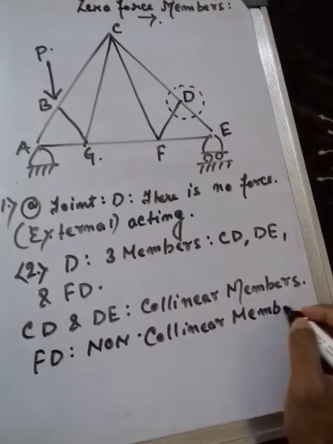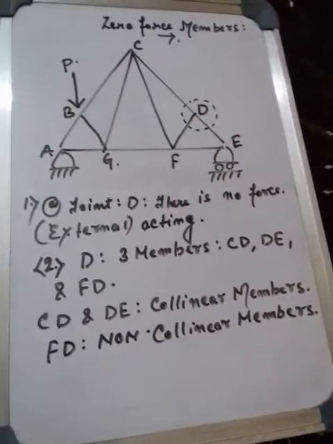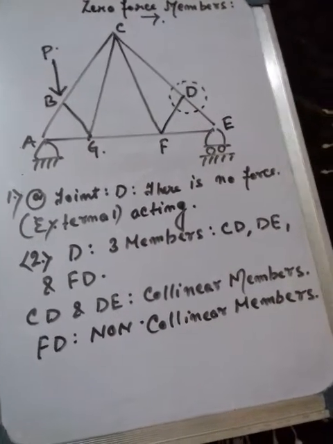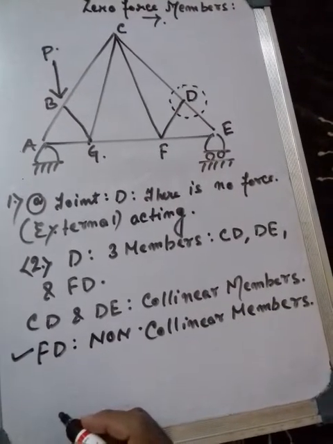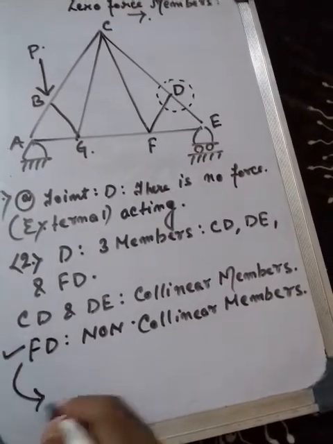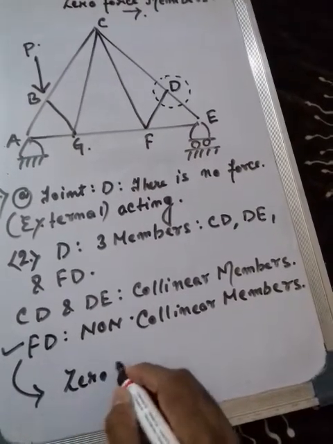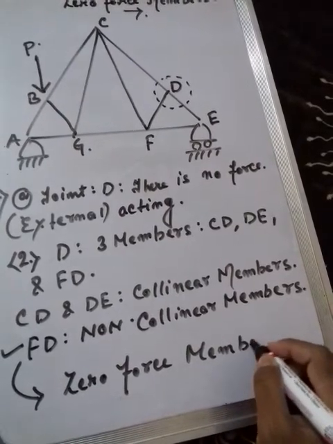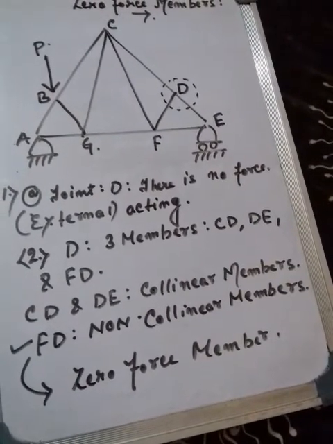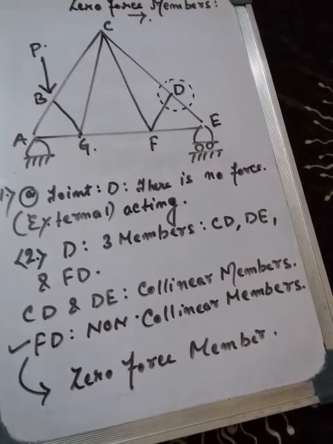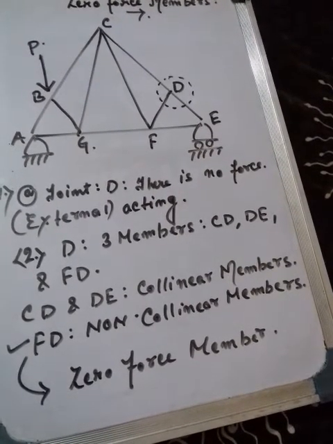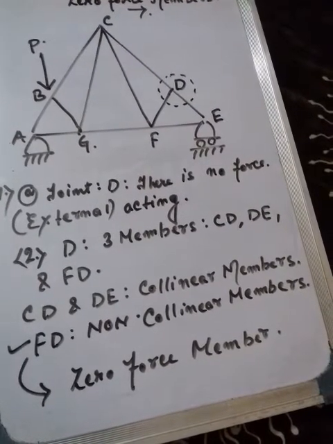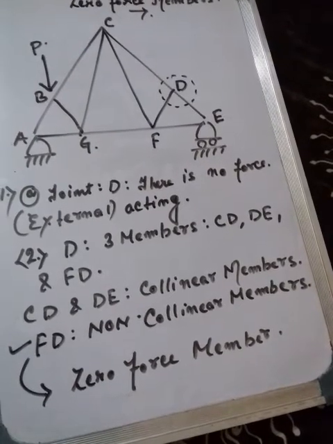So if we come across a geometry that is a meeting point of three members, and two are collinear and one is non-collinear, the non-collinear third member will be a zero force member. This FD should be a zero force member. This is one geometrical condition. Clear? Now we will see how this FD is a zero force member.